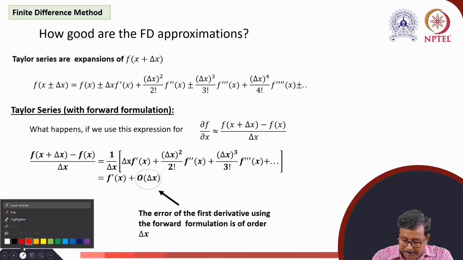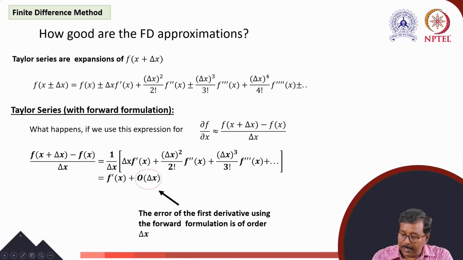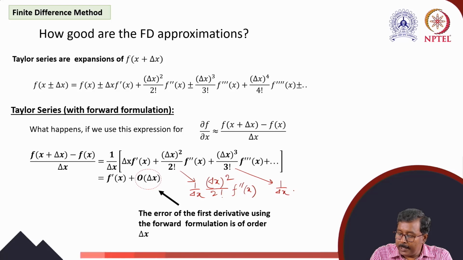Again I am explaining: this term, delta x whole square by 2 factorial into 1 by delta x f double dash x, is neglected, and this is coming from here. The next term will be delta x cube by 3 factorial into 1 by delta x f triple dash x, etc.